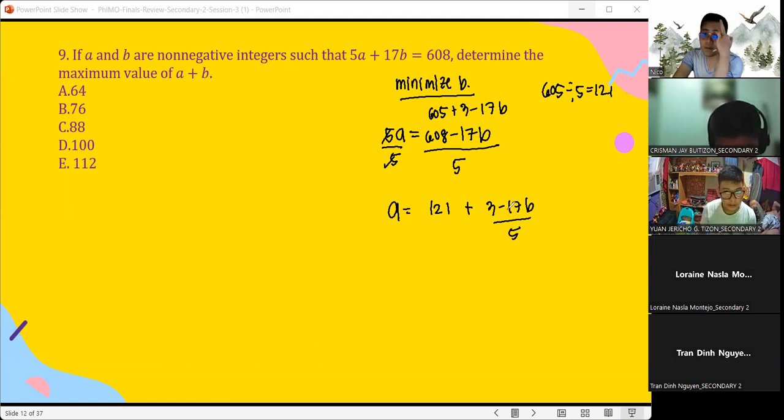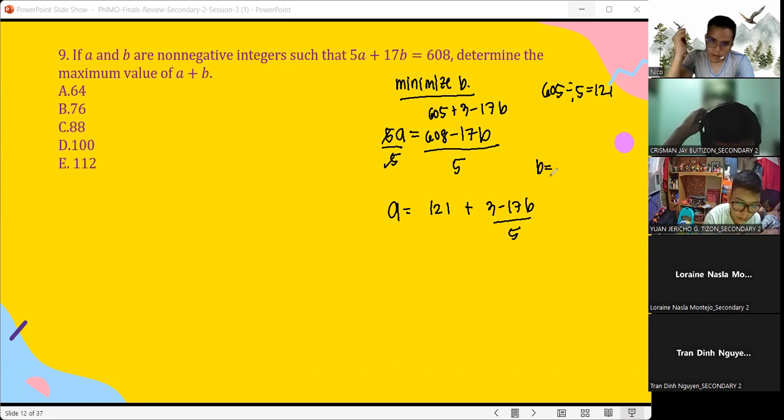So what is 17 times 3? That would be 51, so that's wrong. If b here is equal to 1, it will become 14. So that's still wrong. If it's 4, that's 68. So it becomes minus 65. So b here is 4.